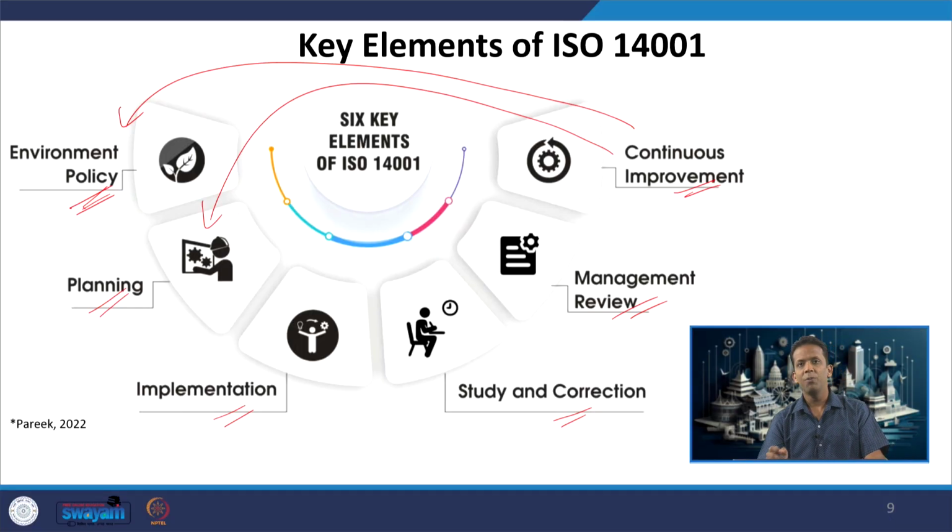So, that continuous improvement is mainly focused towards advancing policy and planning, because these two stages will take care of the subsequent stages, like whatever we planned, that only would be implemented or studied and corrected later.